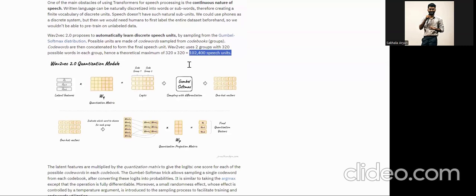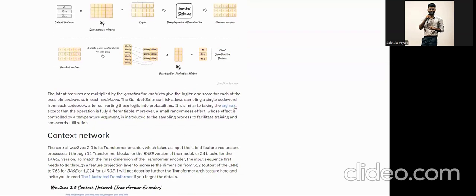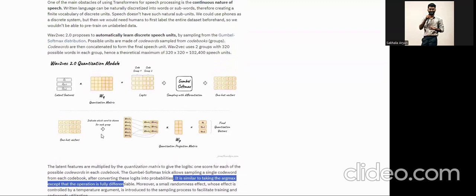It is similar to taking argmax, except that here the operation is fully differentiable. Then in the paper, they take this word and multiply it with a quantization projection matrix, which gives them the final quantization vector.